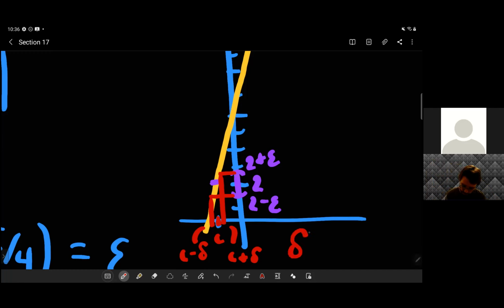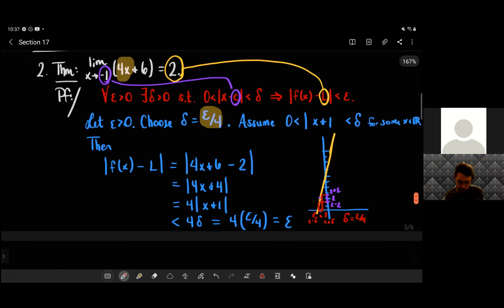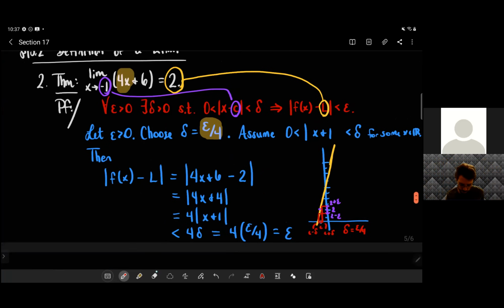So delta equal to epsilon over 4 is nice here. And you can use that as a trick in general. If you're dealing with linear functions, you might guess it's always going to be something like that, right? The reciprocal of the slope. Yeah, so anyway, that was just a sidebar at the end. The important structure of the proof is there. I can erase this now.